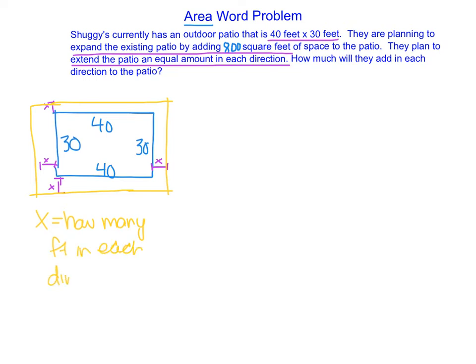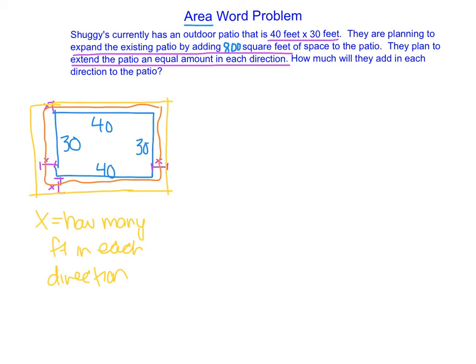So that's what our goal is to find by the end of this problem. Now, we're also given an additional piece of information, and we're told that this extra area here is going to add about 800 square feet to the area of our patio. So it's going to add 800 total square feet.